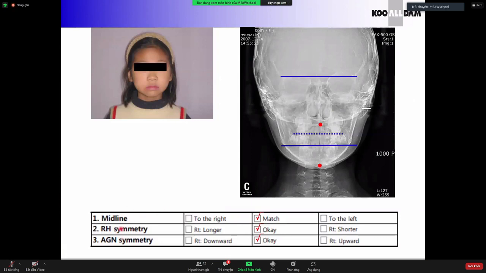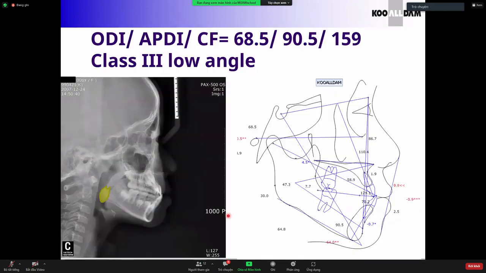Midline, ramus height symmetry and antegonial notch symmetry. ODI 68, APDI 90. Combination factor is 159, class 3 low angle. However, in this patient, we can see the enlarged palatine tonsil.